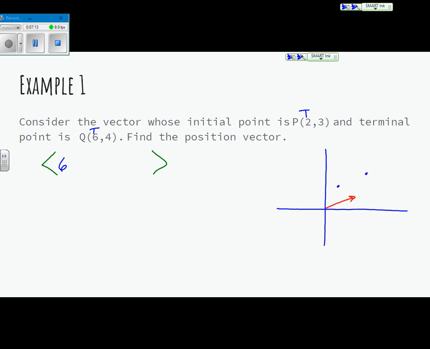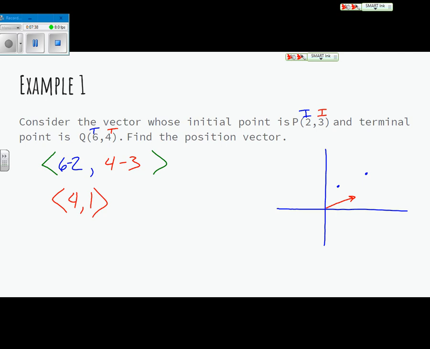So that's going to be 6 minus 2. Got to be terminal minus initial. I'm going to do my terminal y value minus an initial y value. So it's going to be 4 minus 3. And so that gives me <4, 1>.